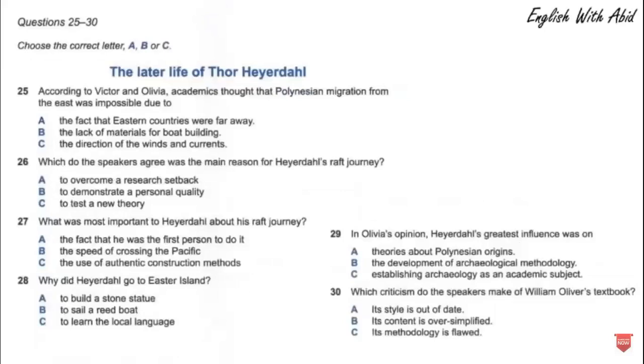All right, Victor. So after your part, I'll talk about Thor Heyerdahl's adult life, continuing from the theory he had about Polynesian migration. Up until that time, of course, academics had believed that humans first migrated to the islands in Polynesia from Asia in the West. Yes, they thought that travel from the east was impossible because of the huge empty stretch of ocean that lies between the islands and the nearest inhabited land.